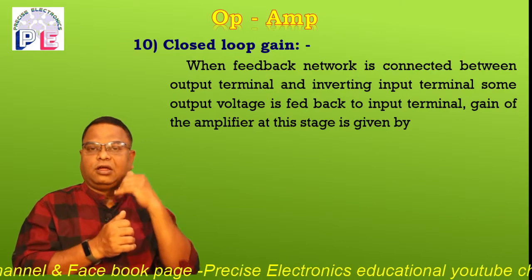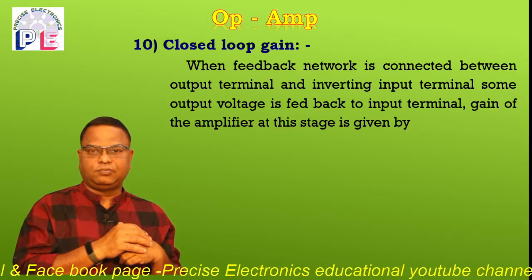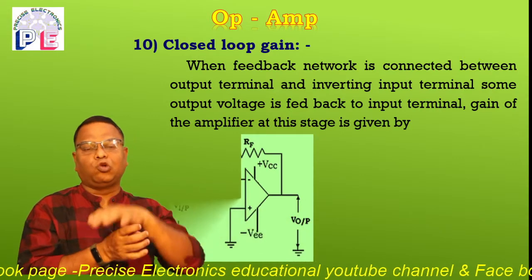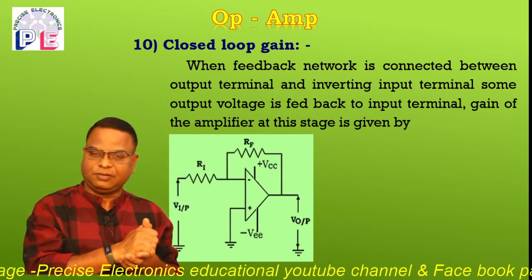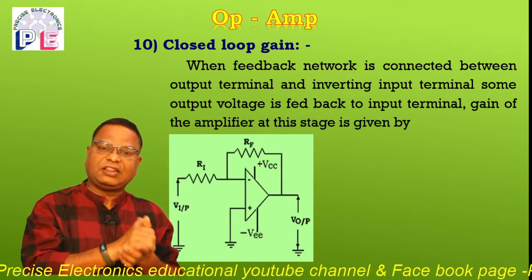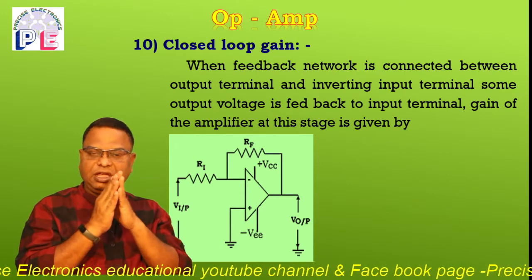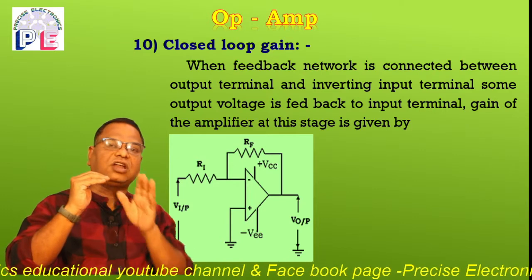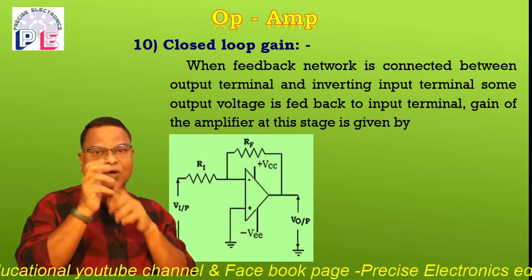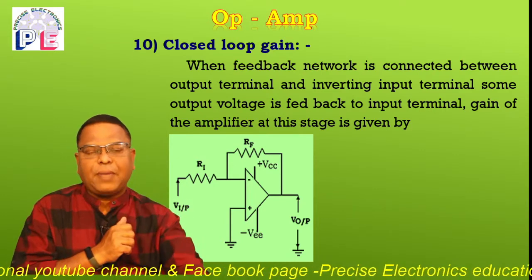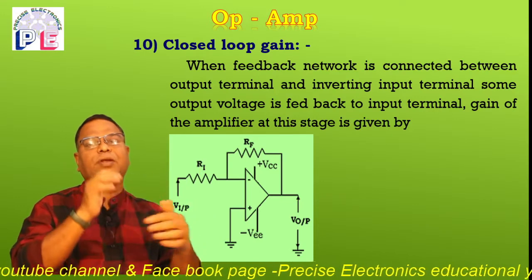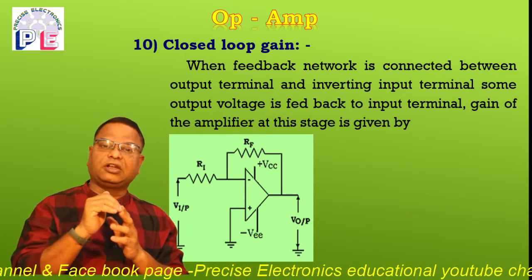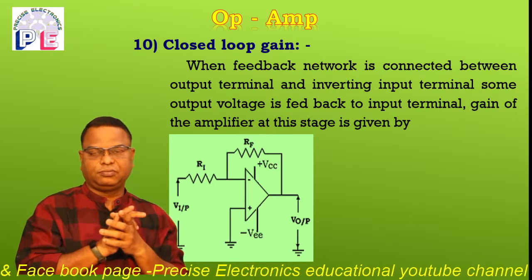It is A suffix CL. The circuit diagram of the op-amp in closed loop is displayed on your screen. From this diagram, it is clear that the input voltage V input is connected to the inverting terminal through the input resistor Ri, while the output voltage is fed back to the inverting terminal through the feedback resistor Rf, and the non-inverting terminal is grounded.